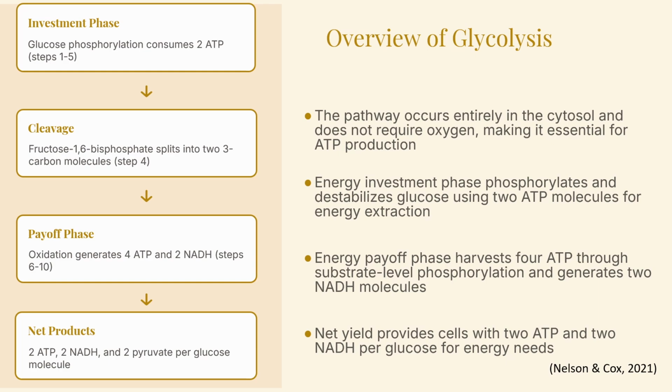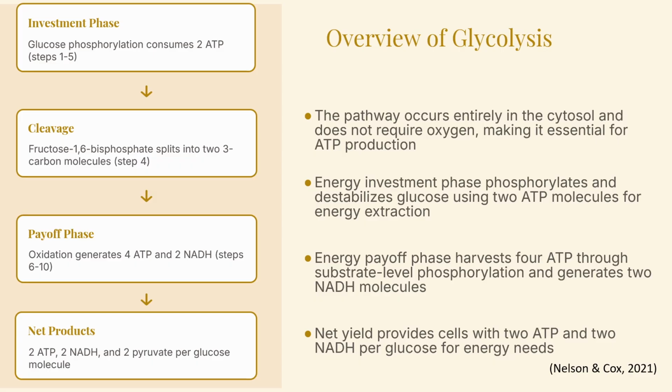After the molecule is prepared, glycolysis enters the energy payoff phase. In this stage, the six-carbon molecule that originated from glucose has already been split into two 3-carbon molecules. Each of these molecules continues through a series of reactions that produce energy.